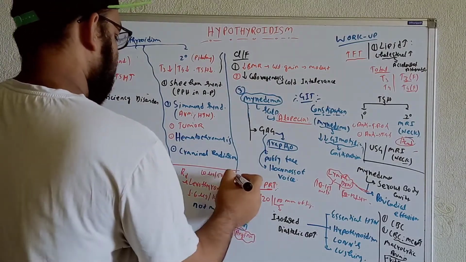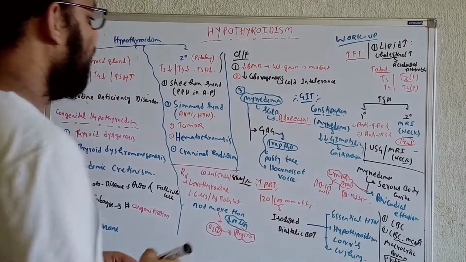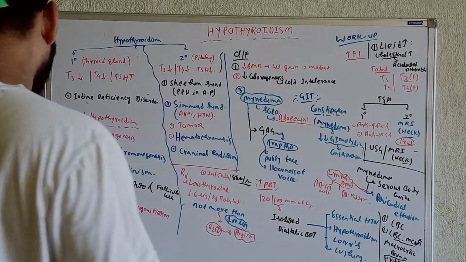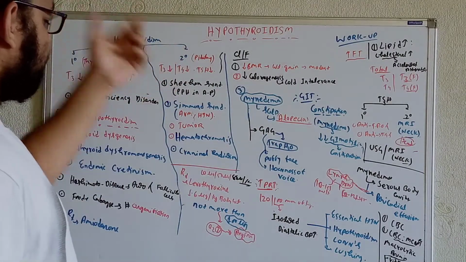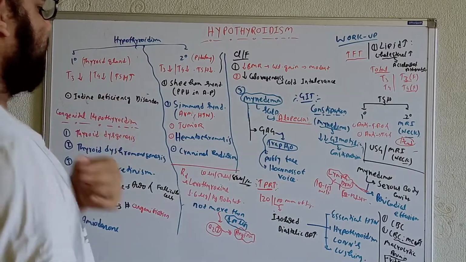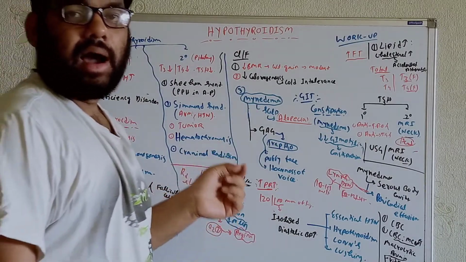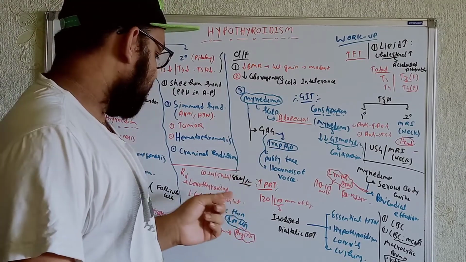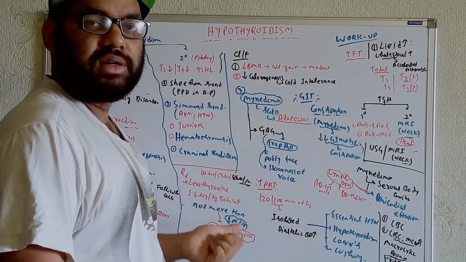Okay, so that's all in terms of the different kinds of drugs we can use in hypothyroidism. So let's repeat once again. When you are talking in terms of the treatment of the hypothyroidism, we have to use the levothyroxine, and we have to give the dose of 1.6 microgram per kg of the body weight.